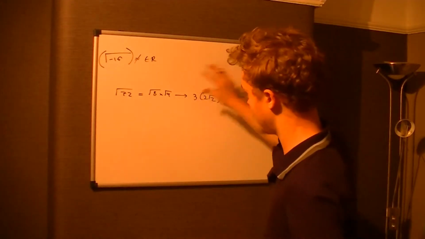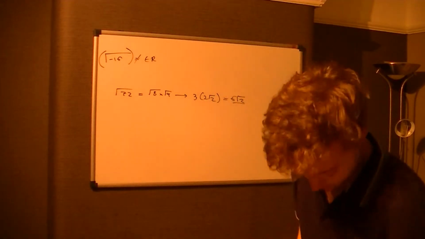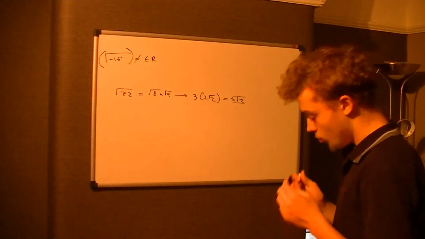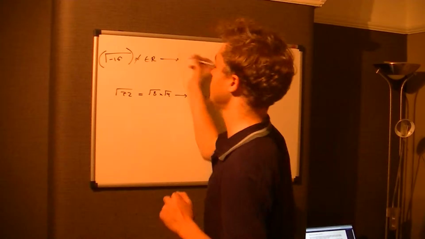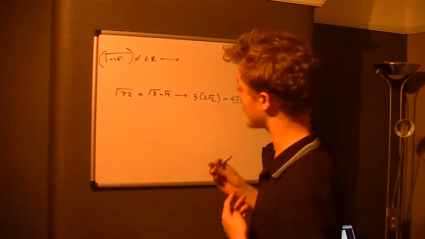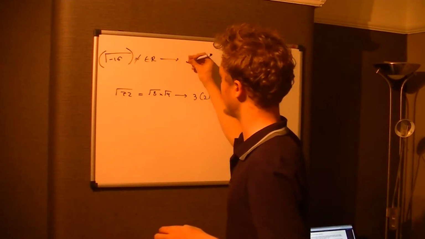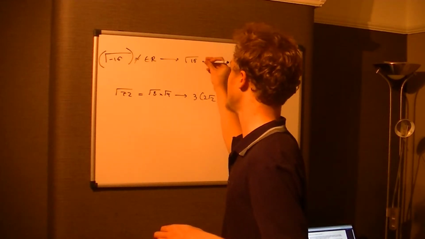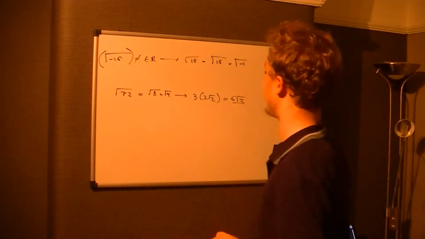So you don't really need to have that other square number there, but it'd be nice if you could. So what we're going to do is, we get this root 16, and we're going to split it up into two square numbers. So therefore, root 16 is equal to root 16 times root minus 1.